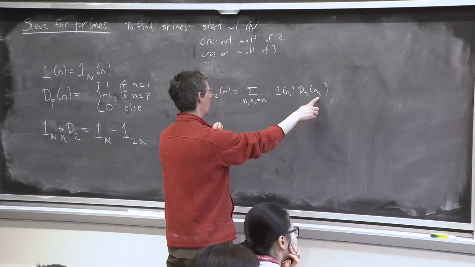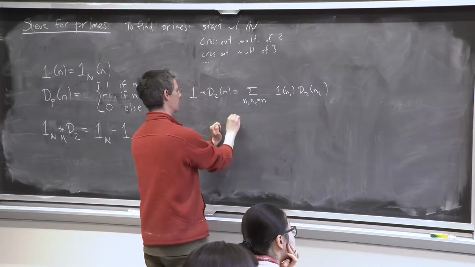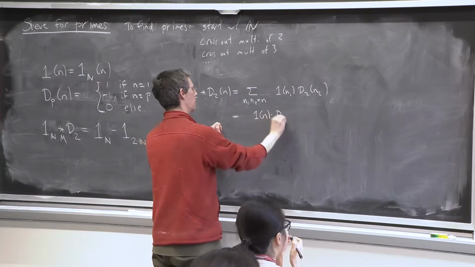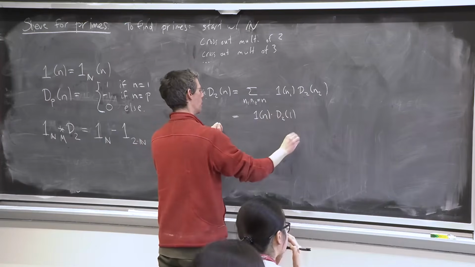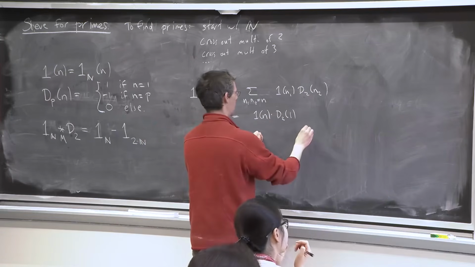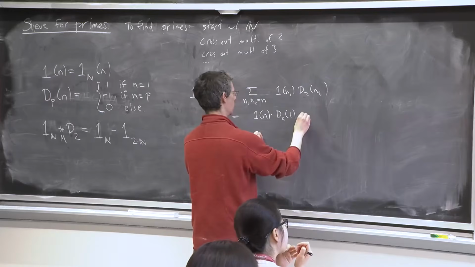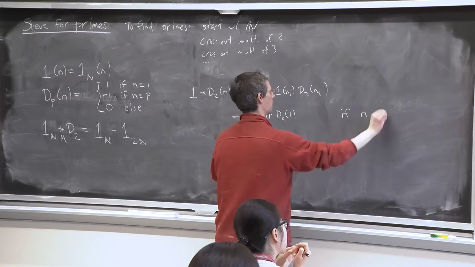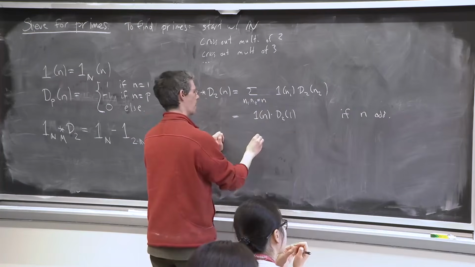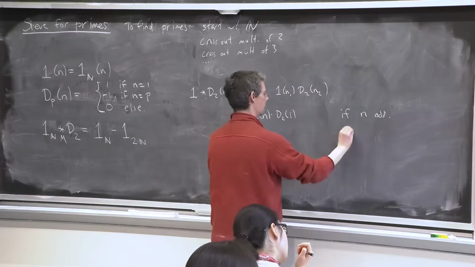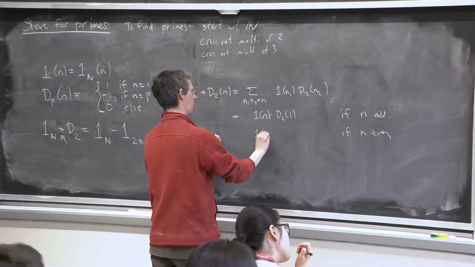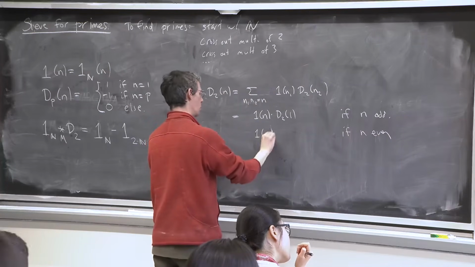So the 1 is always there. That is 1 of n times d2 of 1. This is what happens if n is odd. And then if n is even, then n2 could be 2, so we get 1 of n over 2.